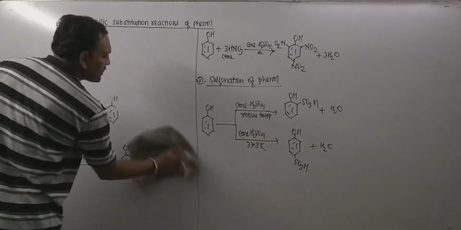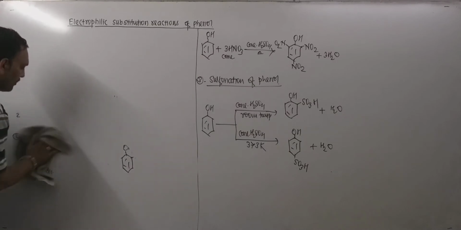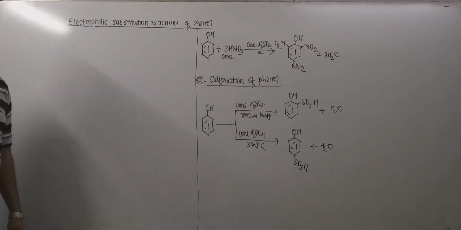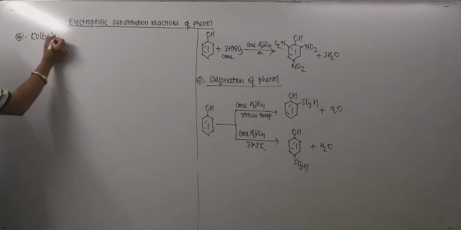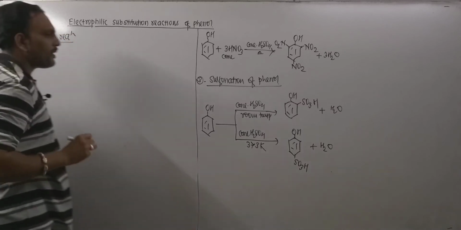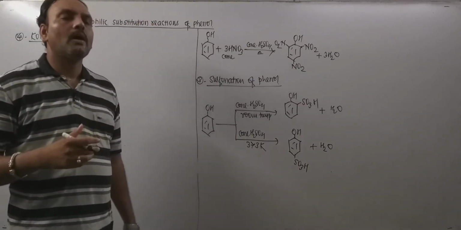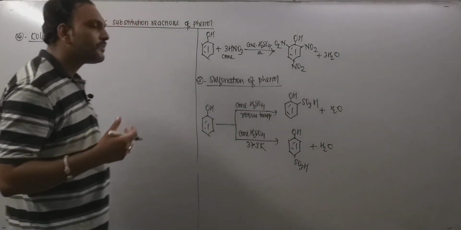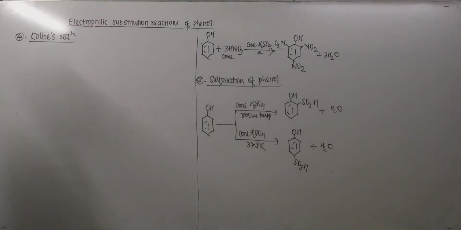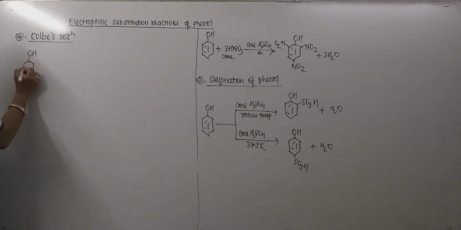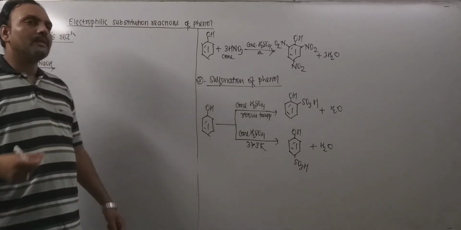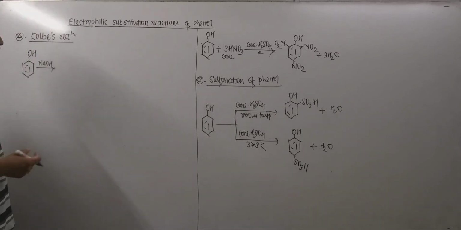Another very important substitution reaction of phenol which can be explained is Kolbe's reaction. Now, Kolbe's reaction is the conversion of phenol into orthohydroxybenzoic acid. For example, when phenol is treated with NaOH, why are we treating phenol with NaOH? Because phenoxide ion is a far better ortho para director than phenol itself.